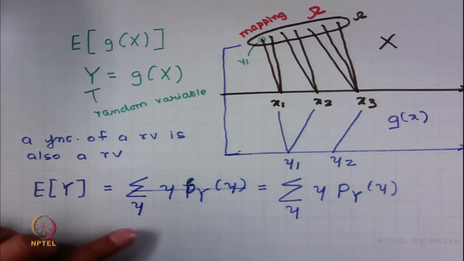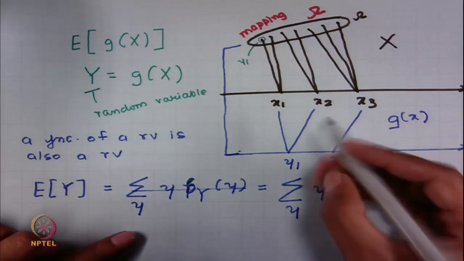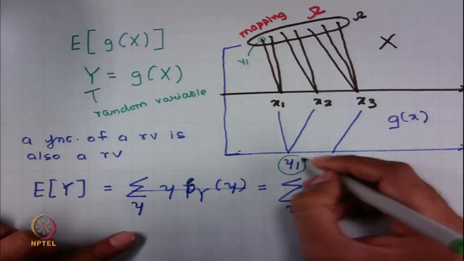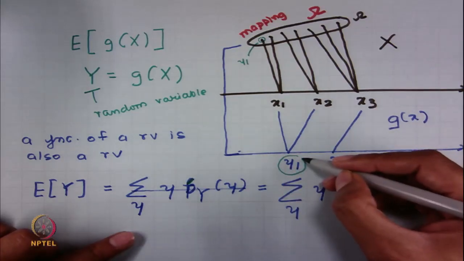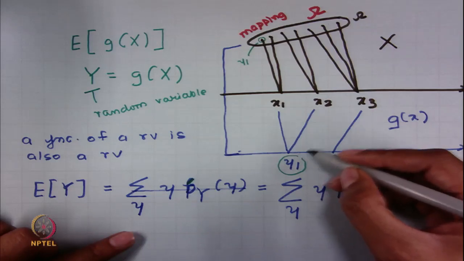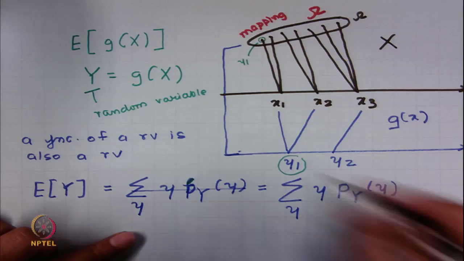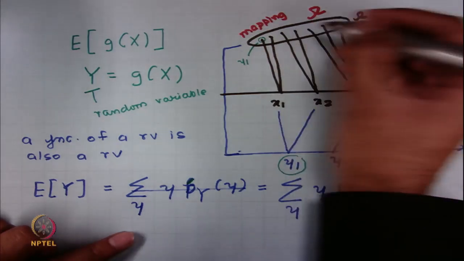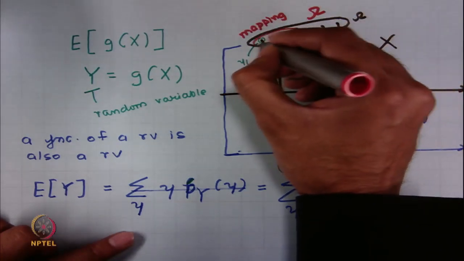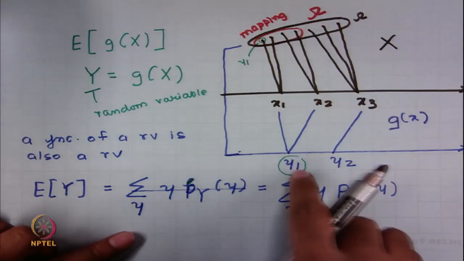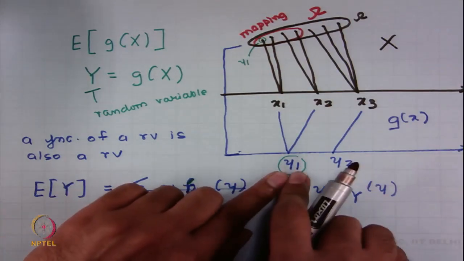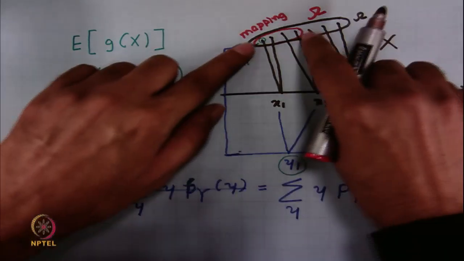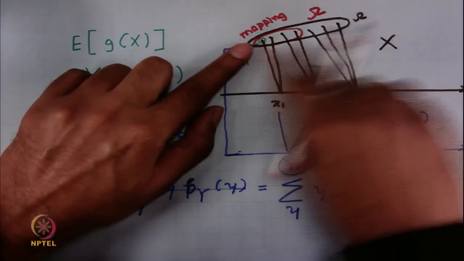Pictorially, what it means is that you take a value, let us say y1 in this case, and you find out the probability with which this y1 happens. If you see carefully, the probability with which this y1 happens is this. Whenever these outcomes happen, y1 happens. So, you take this y1 and multiply it with the probability with which these outcomes happen.